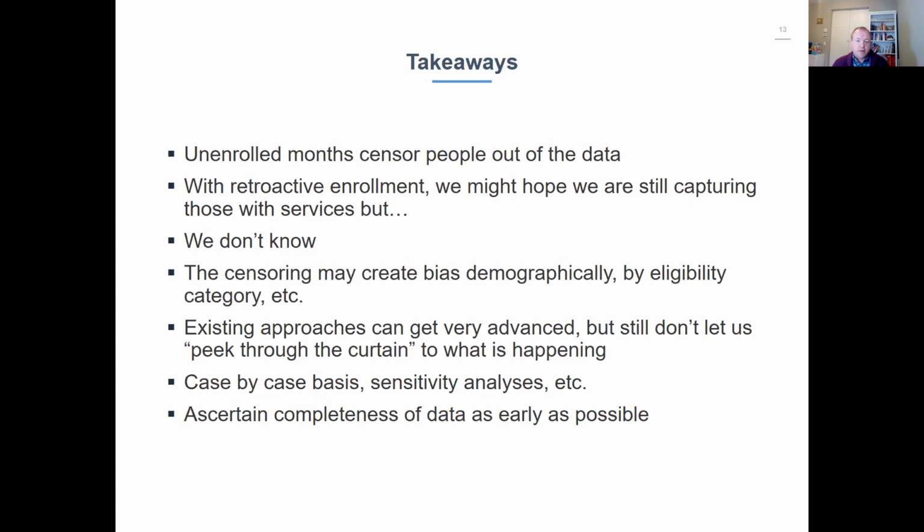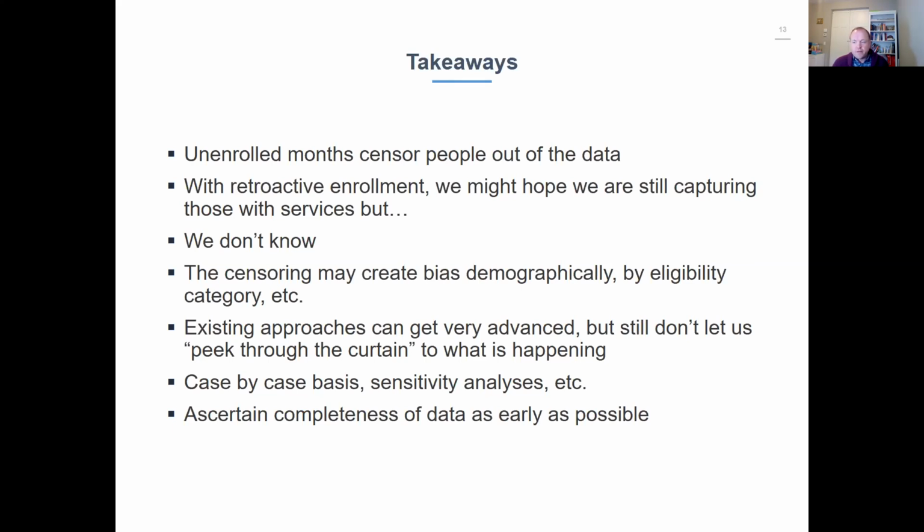In addition, existing approaches can get very advanced, but they don't necessarily let us peek through the data to see what's really happening. So all of these approaches make certain assumptions. And so, as always, we recommend a case-by-case basis, considering sensitivity analysis and so on, without necessarily endorsing any one particular approach.